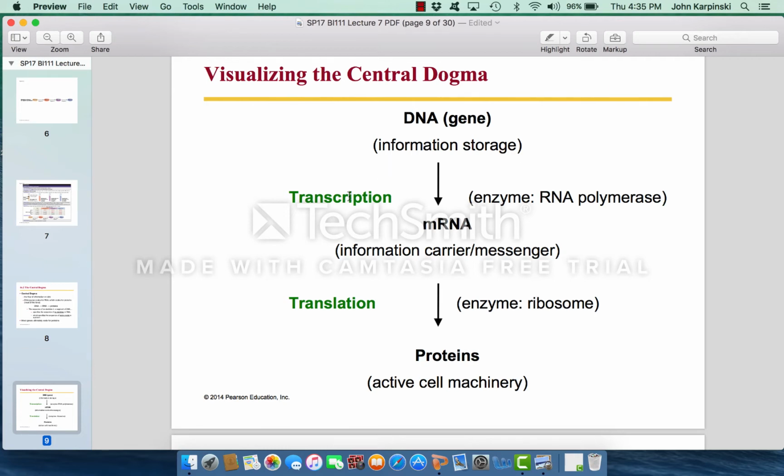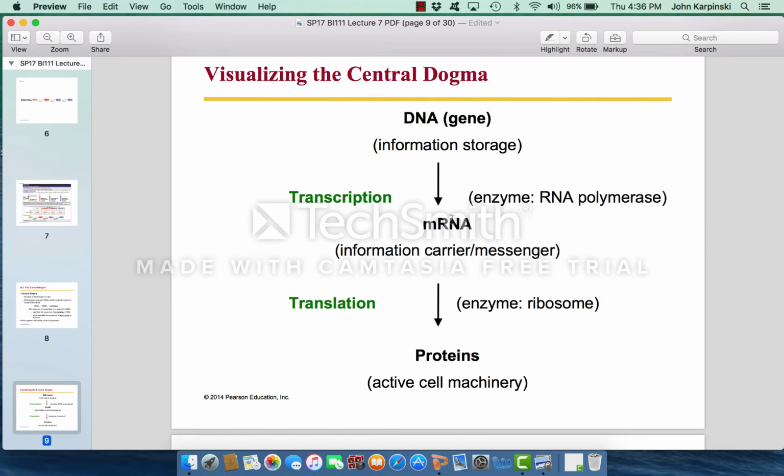How I remember these two terms, sometimes people mix them up, transcription and translation. Just remember that when you transcribe something, you write it out. So here, picture DNA is, say, one language, English, but if you make a copy of that language on a separate piece of paper, you're just writing it. It's in the same language, English, but it's just on a different piece of paper, okay?